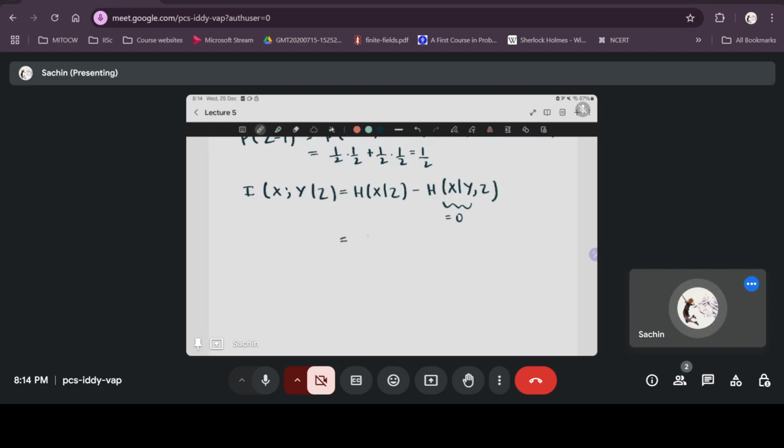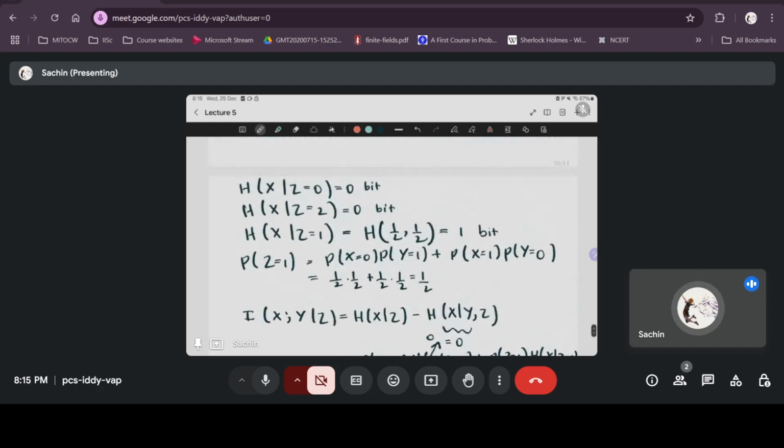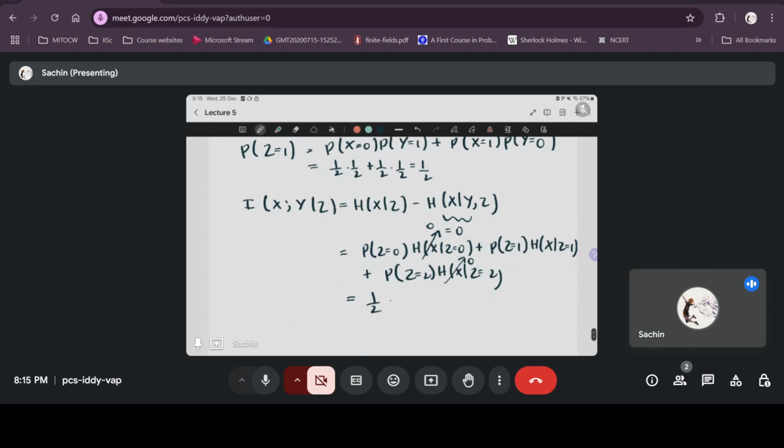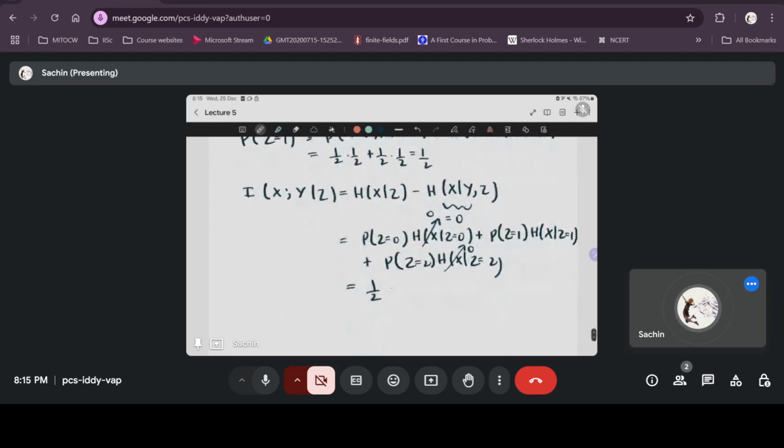Therefore, this is equal to the probability of z equals 0 times H of x given z equals 0, plus the probability of z equals 1 times H of x given z equals 1, plus the probability of z equals 2 times H of x given z equals 2. But this is 0, this is 0, as we saw here. The only one left is the probability of z equals 1, which is half, times the uncertainty in x given z equals 1, which is 1. So that is half a bit.